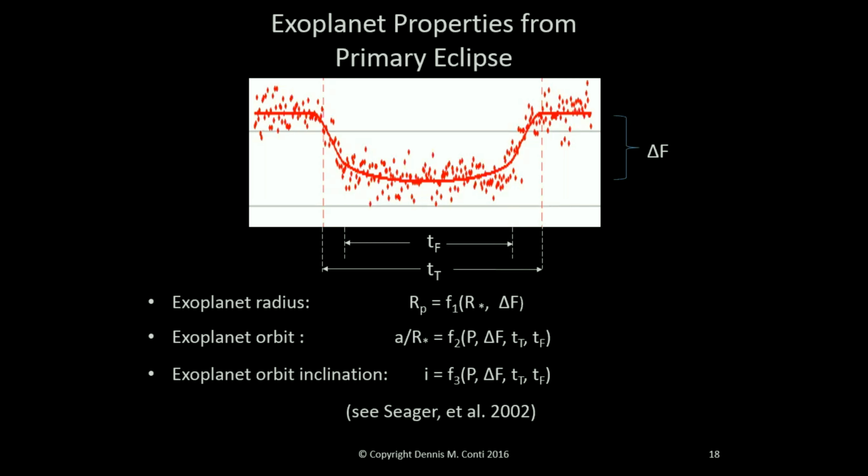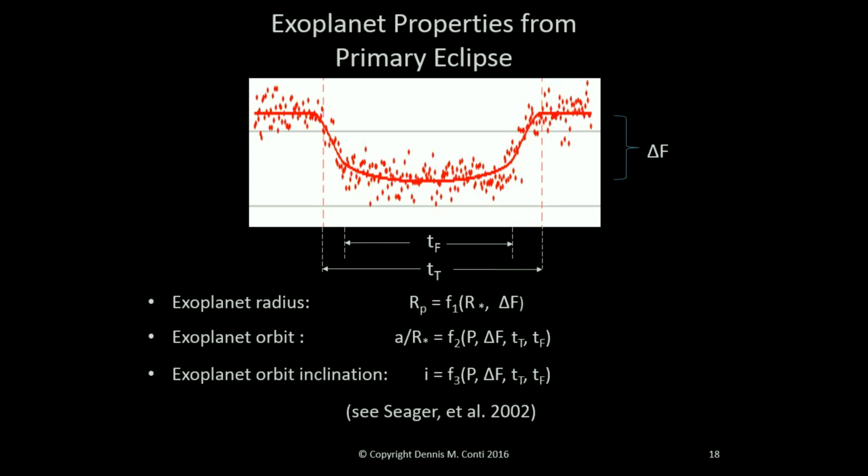There's, again, some interesting relationships between and among each of these properties. So, for example, the radius of a planet is a function of the radius of the star and the change in flux.